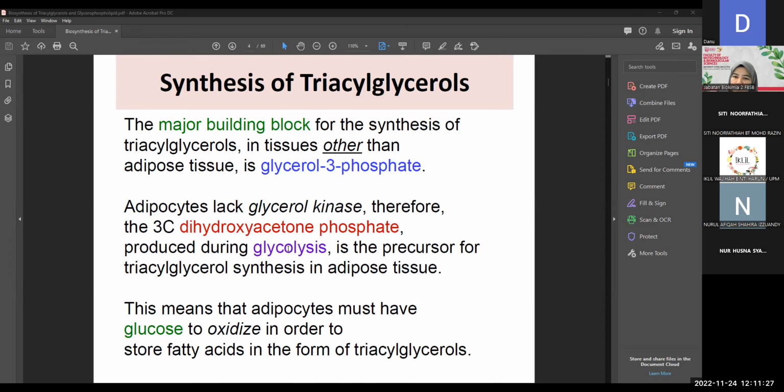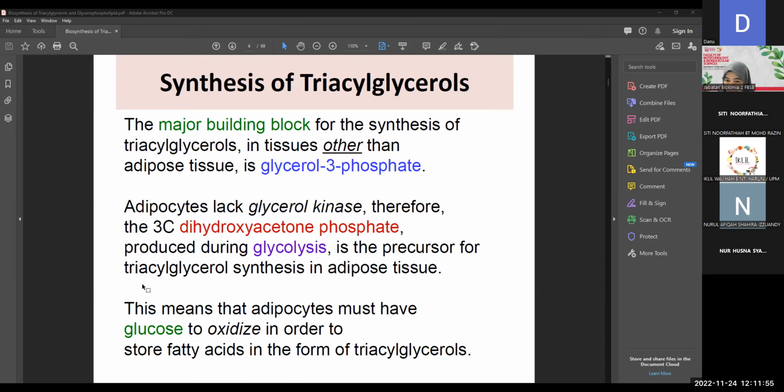Okay, so the major building block for the synthesis of triacylglycerols in tissues other than adipose tissue is glycerol 3-phosphate. So glycerol 3-phosphate is the precursor for the biosynthesis of triacylglycerols in other tissues, but not in adipose tissue.